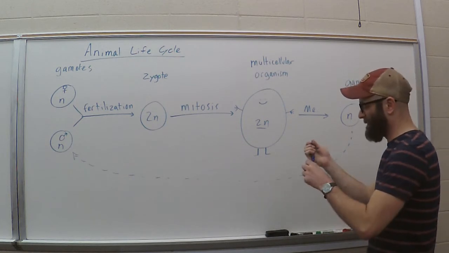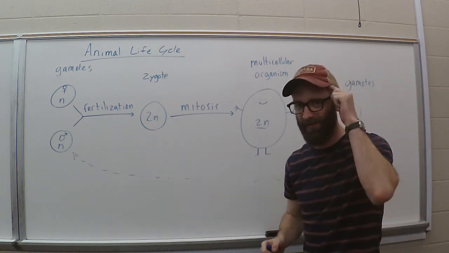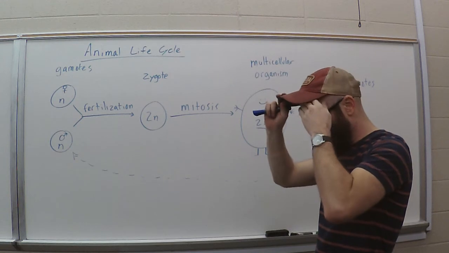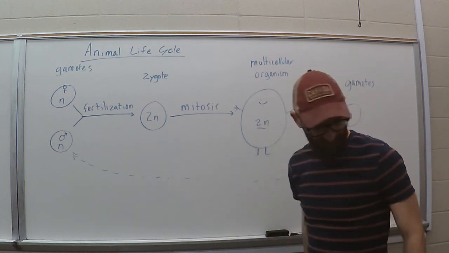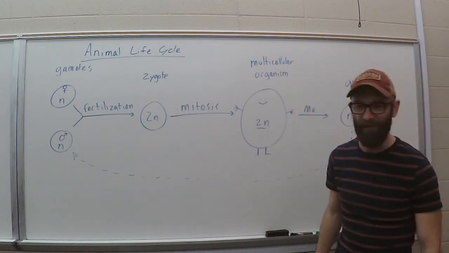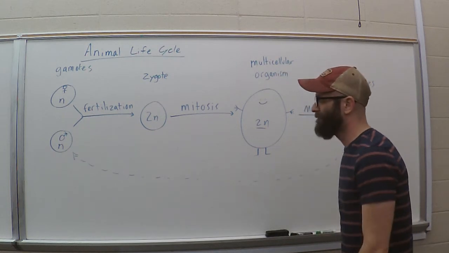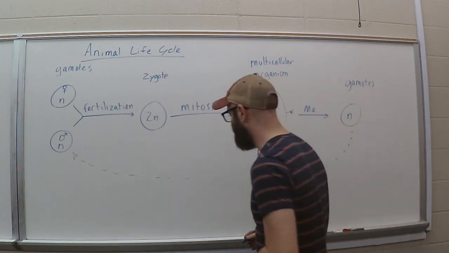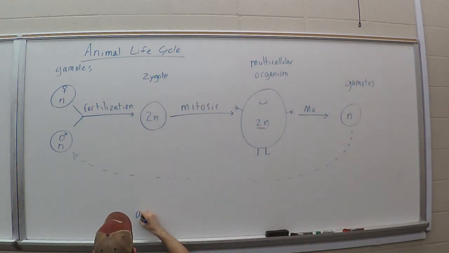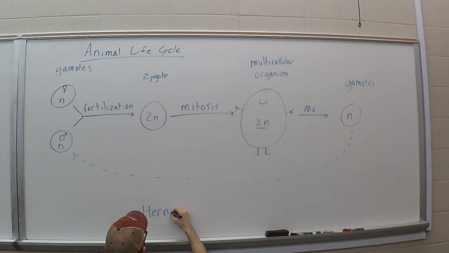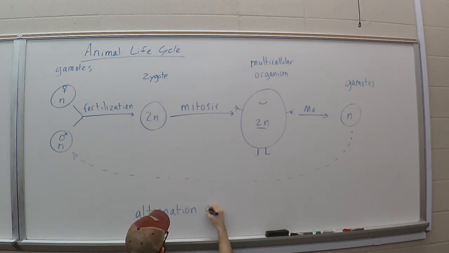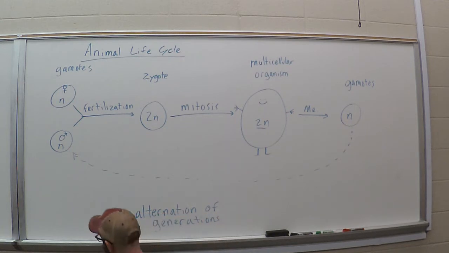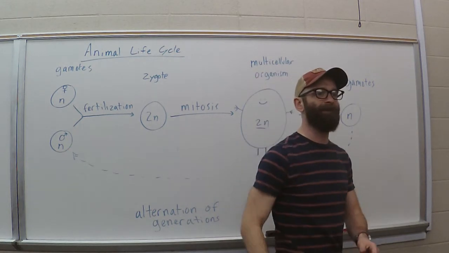So this is a typical animal life cycle, right? And it's quite a bit simpler than a plant life cycle. But I want to use this to introduce this idea of alternation of generations.